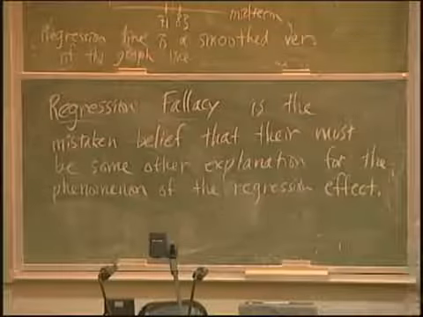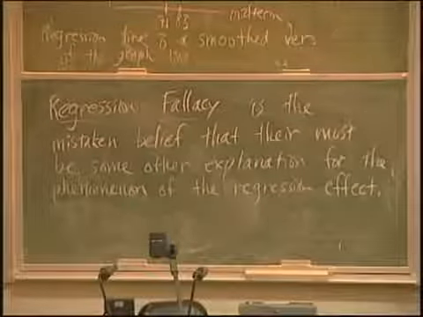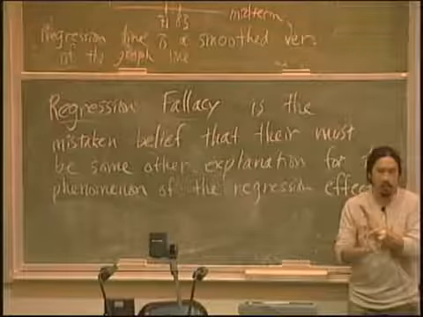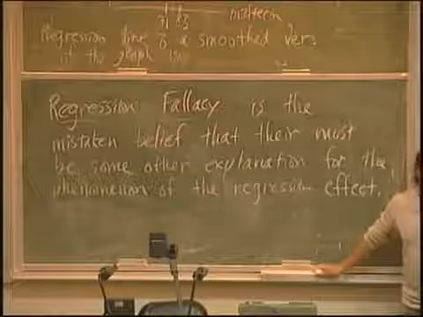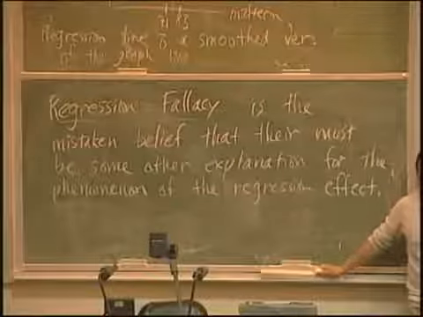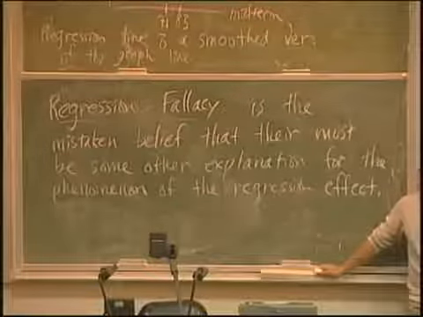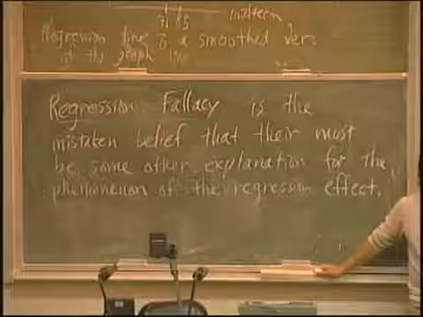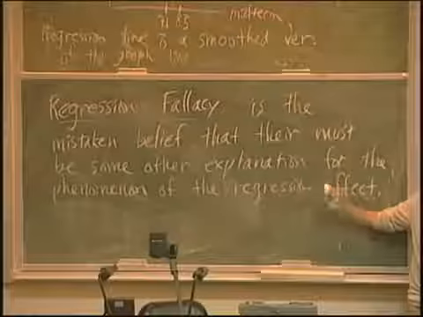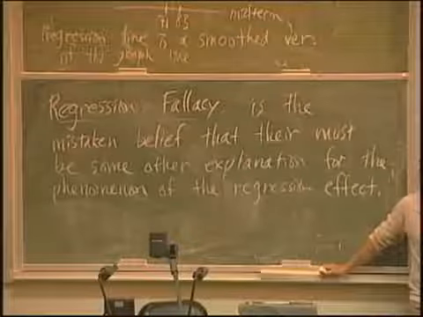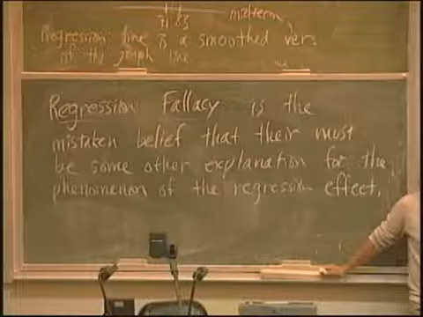The idea here is that if you didn't know anything about statistics, or about the regression effect, and you observe that Yao Ming's kids aren't as tall as he is, you think he must not be feeding them well, right? That's a mistake. That's this mistaken belief that there must be some reason why his kids aren't as tall as him.